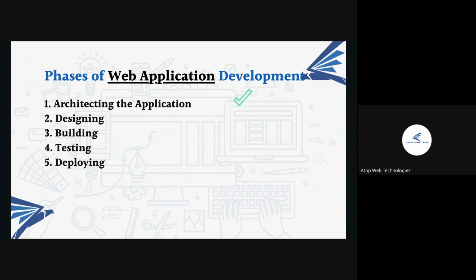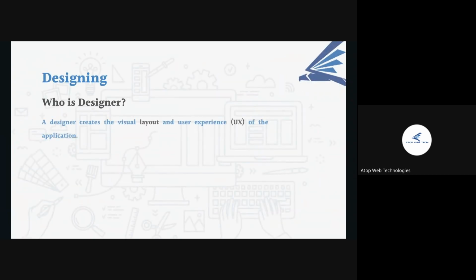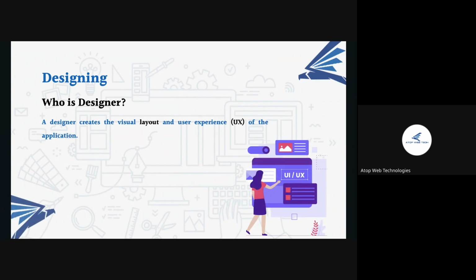So that completes the overall phase of architecting the application. Again, to keep the momentum going, I'll be moving to the designing phase. So the question is, who is a designer? A designer creates the visual layout and the user experience of the application.